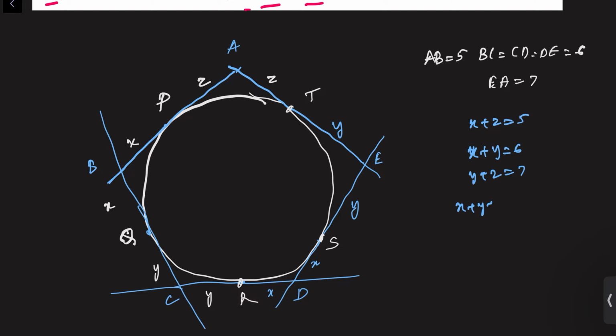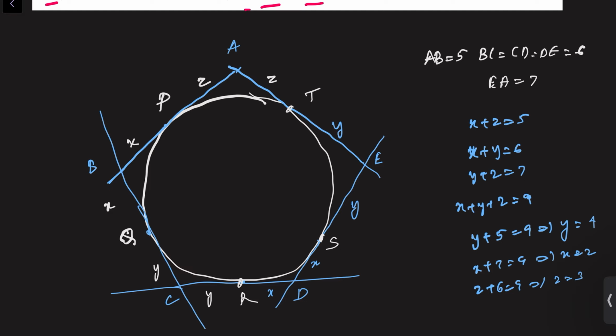So if I add, X plus Y plus Z is 9, so that means Y plus 5 is 9, so Y is 4. Similarly X plus 7 is 9, so X is 2, and Z plus 6 is also 9, so Z is 3. So we found the values of X, Y and Z.